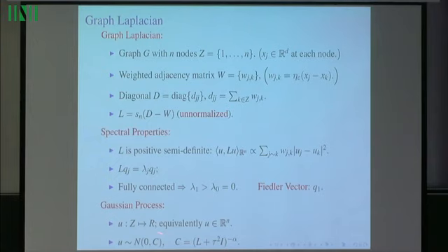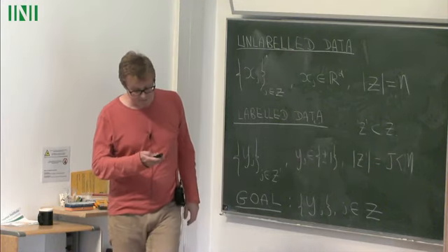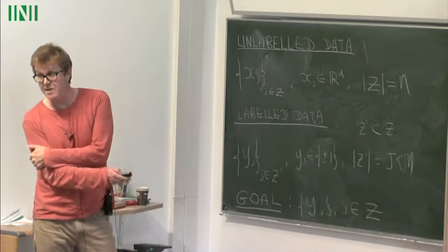But first of all, I just want you to appreciate that through the graph Laplacian, I can make a Gaussian process, and I'm going to do it by a covariance which is found by taking the graph Laplacian, shifting it, and raising to the power minus alpha. And I'll say why later on, why that's a good thing to do. But what you should really understand is that this Gaussian process encodes correlations in the unlabeled data. And I'm going to show you that by means of an example.